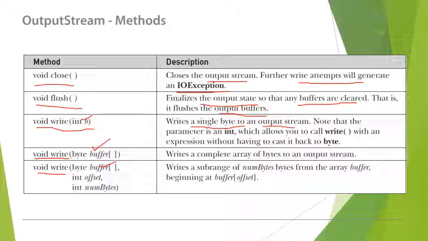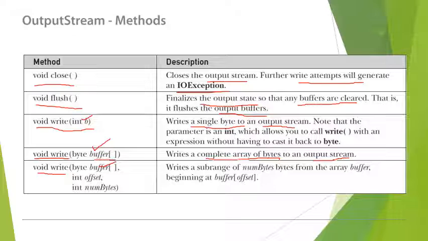Then in the next method, we can see write(byte[] b). In this case, we can write a complete array of bytes into the OutputStream. Next one is write(byte[] b, int offset, int number).